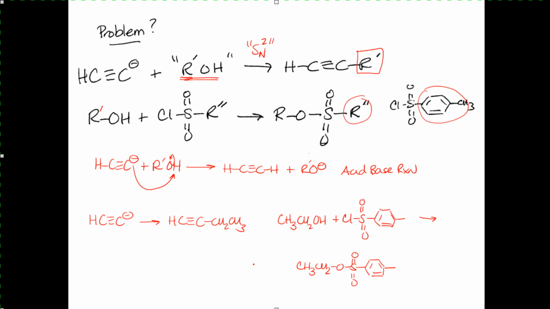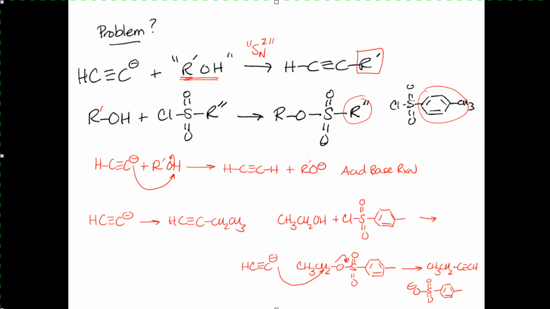And now I could react my alkynyl anion and have it come in and do an SN2 reaction and kick off the tosylate group as the leaving group, and I would end up alkylating the ethyl group, making my leaving group the tosyl anion.